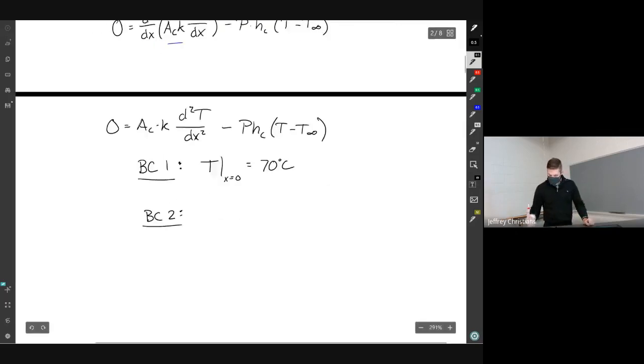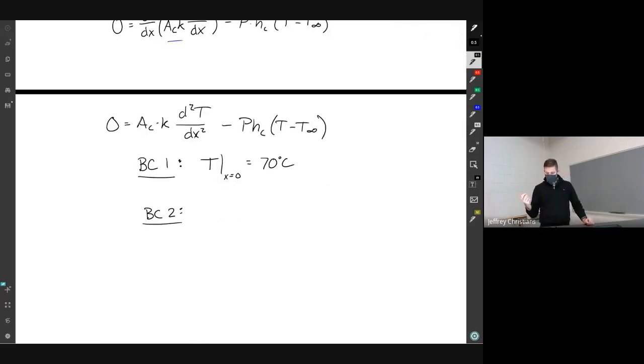So if we had an insulated tip, that would be dT/dx, sorry, at x equals L would be 0.